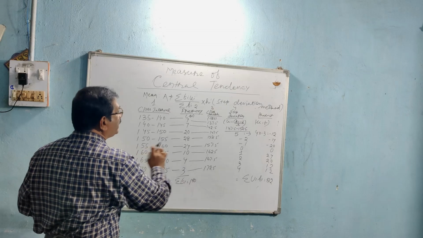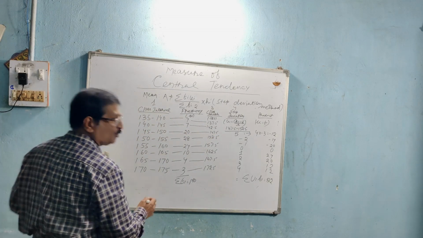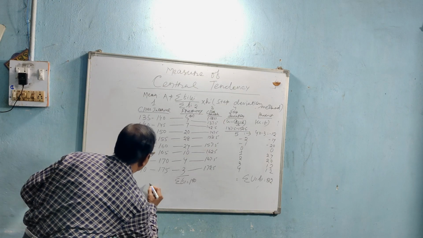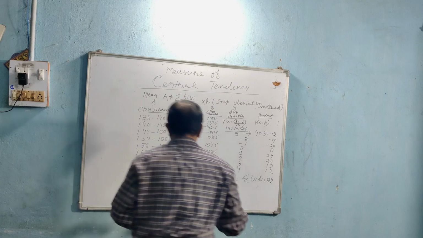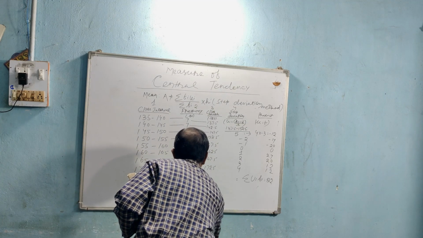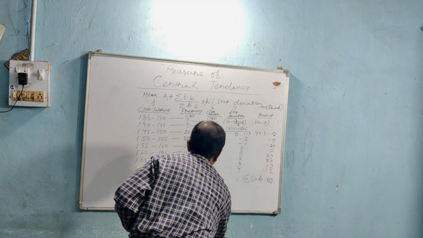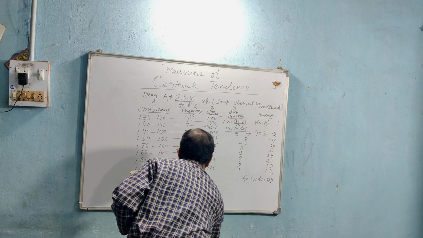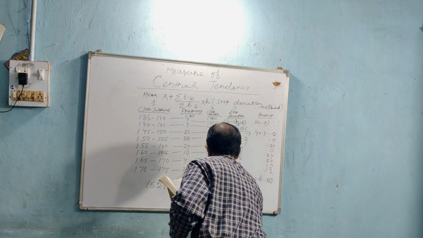Your a, we have taken the assumed mean as 152.5. So that is why 152.5 plus sigma u1 f1, by sigma f1, into h.